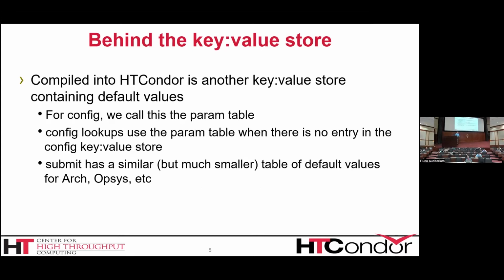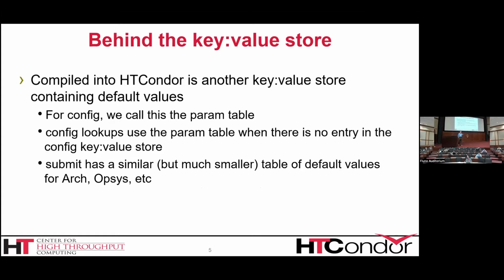For the config system, sitting behind this key value store that we read from the config files is another key value store that is compiled into the Condor utilities library. This consists of about 2,000 keys.